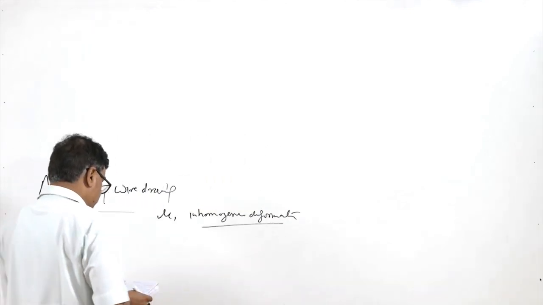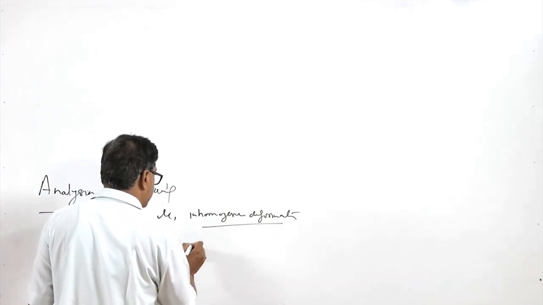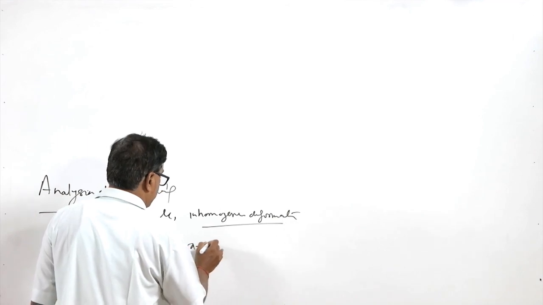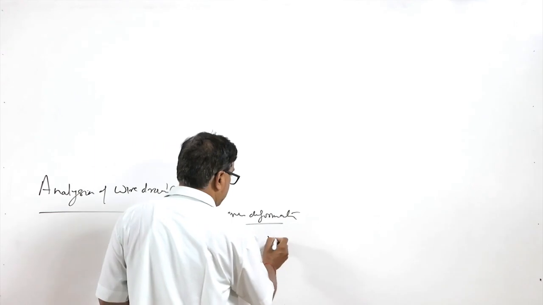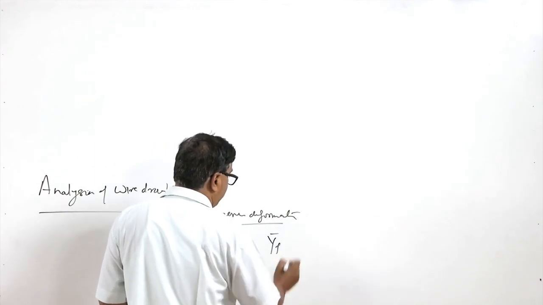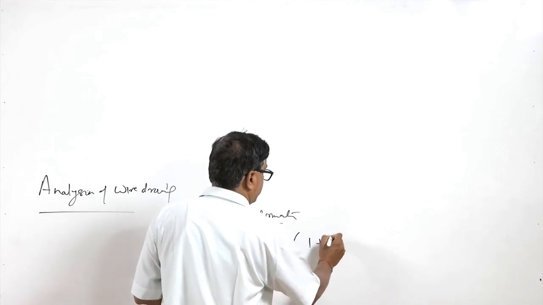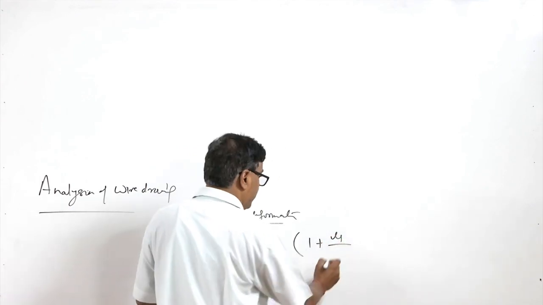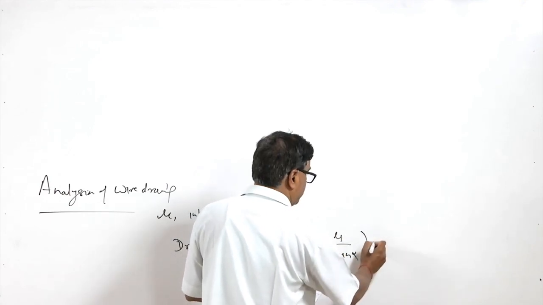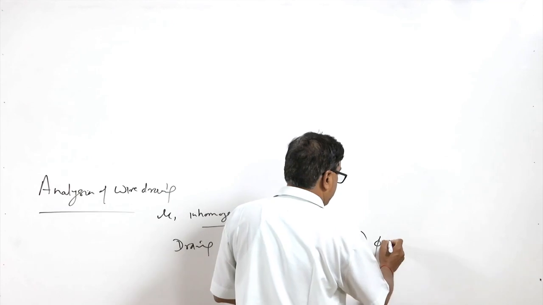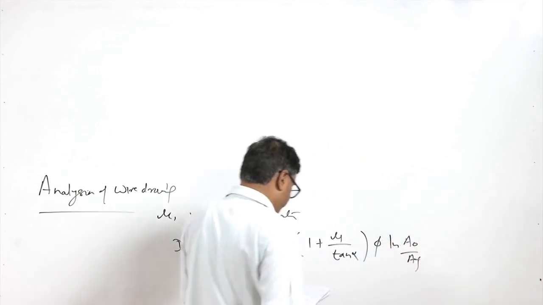In that case, we get the drawing stress sigma d, which is given by the equation: the average flow stress into 1 plus mu divided by tan alpha, into phi, into log of A naught divided by AF.